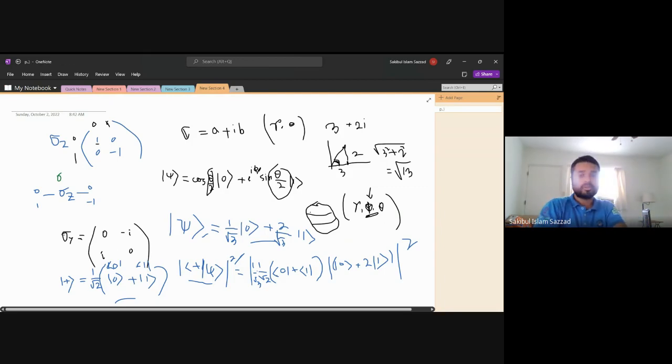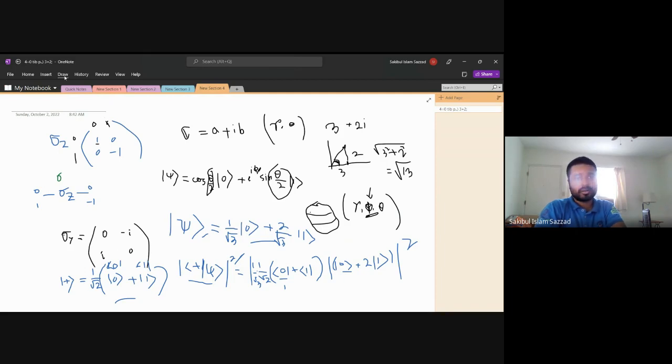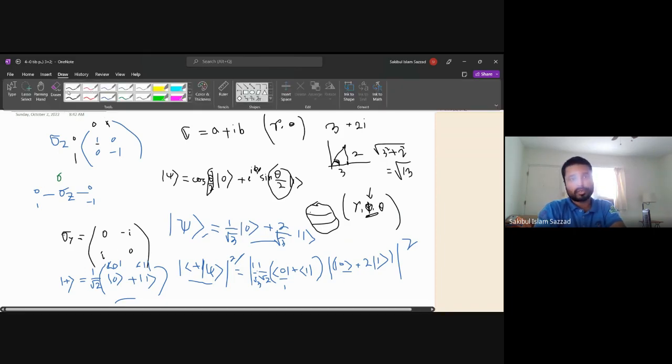So what is going on? This is bra 0 and this is ket 0, so I'm getting 1 here. I can use a different color.